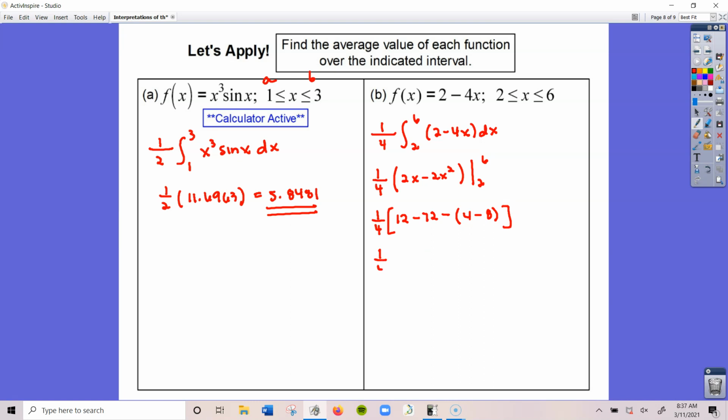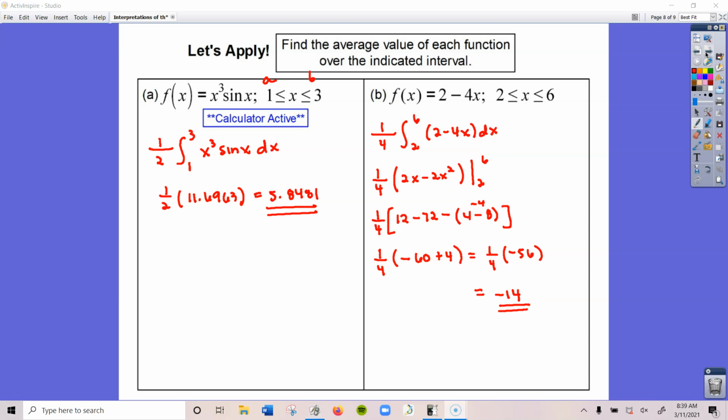So we have 1 over 4. 12 minus 72 is negative 60. 4 minus 8 is negative 4. So minus negative 4 would be plus 4. This gives me 1/4 of negative 56. And negative 56 divided by 4 is negative 14. So that would be the average value.